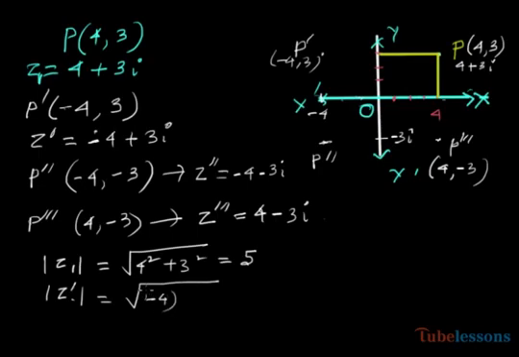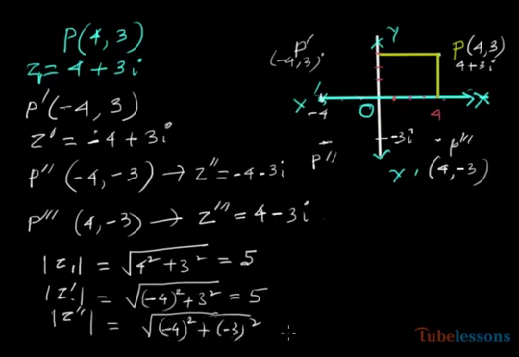Minus 4 square plus 3 square is also 5. Minus 4 whole square plus minus 3 whole square is equal to 5.